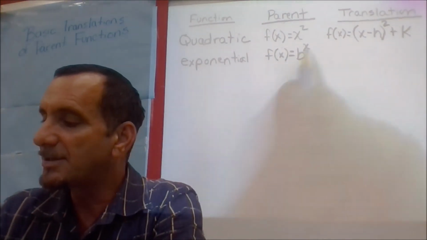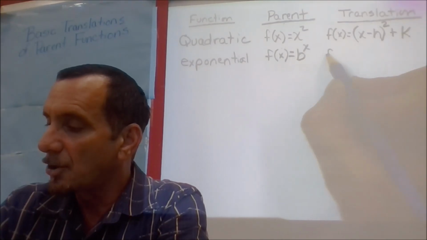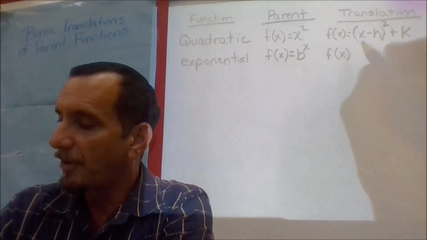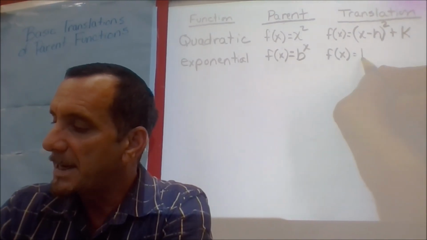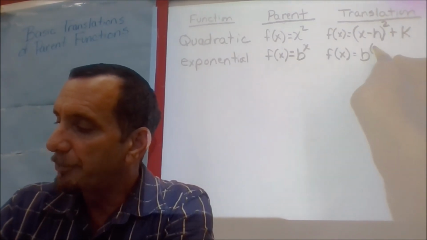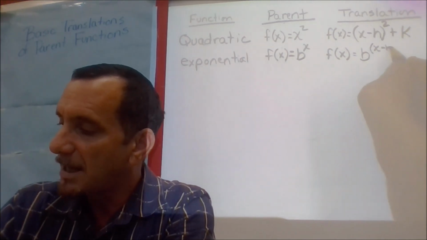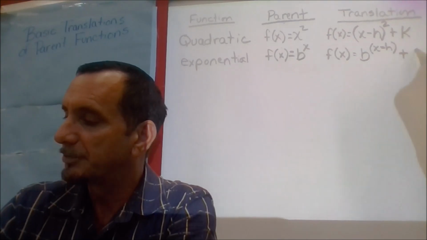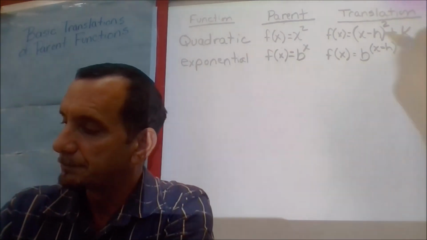So that's b to the x, and I'm just going to show you that the translation of the exponential function is b to the power of (x minus h), and all of that plus k.